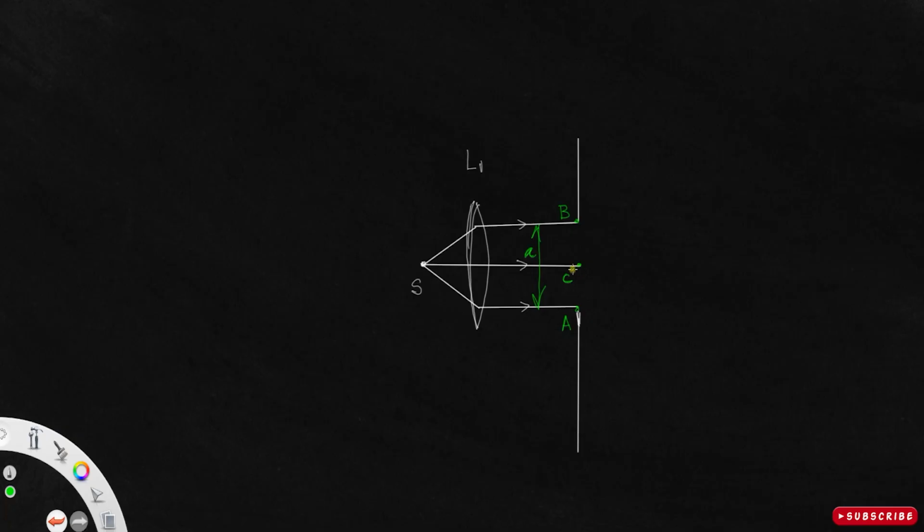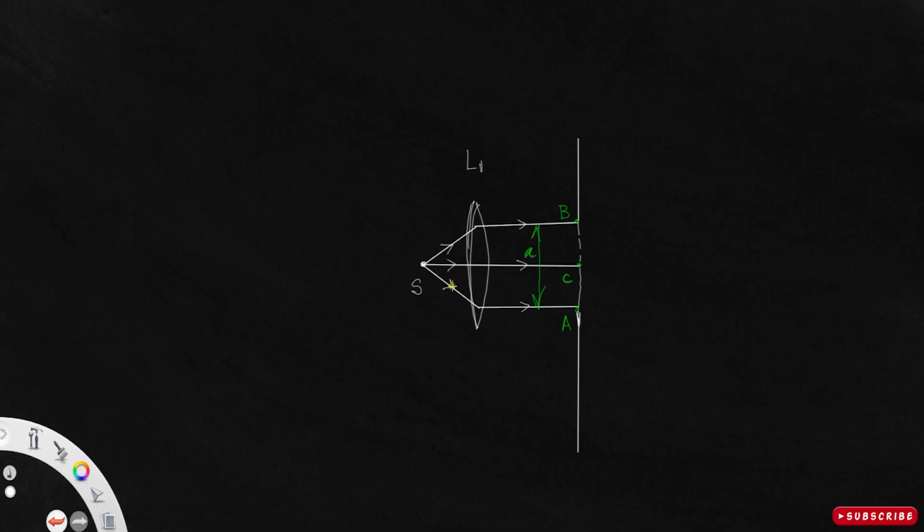Let me consider this point C as the exact midpoint of AB. When I join these 3 points like this, this line is actually perpendicular to the path of the ray. So that will make this line AB a wavefront.